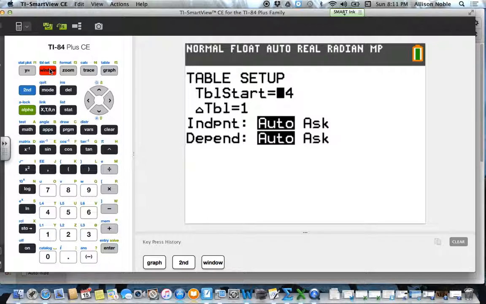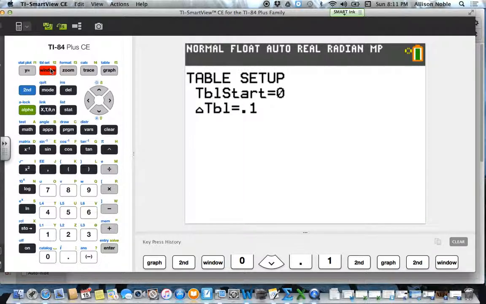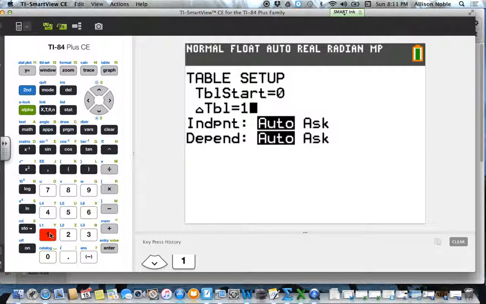So I'm just going to say start at 0, and this little triangle TBL means how specific, how many decimals do you want. So you can have it go by ones and it'll go by whole numbers. You can make it go by 0.1, which means when I go back to my table, it's going to go by 0.1 so I can see what is happening. I'm going to go ahead on this one and change it to just be going by 1.